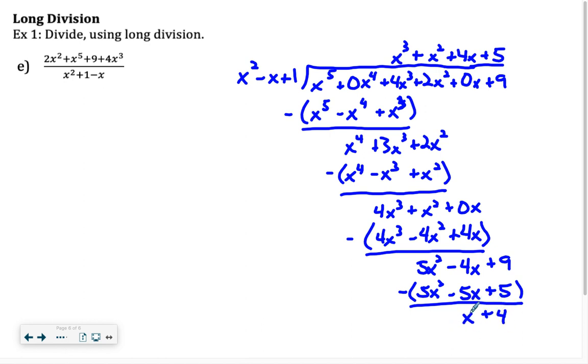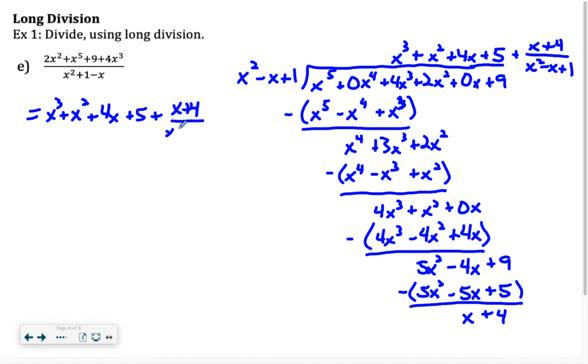So x plus 4 is my remainder because I have nothing left to bring down. So this will be plus x plus 4 over x squared minus x plus 1. And I can write this whole thing over here as my answer. I can say this would be x cubed plus x squared plus 4x plus 5 plus my remainder over my divisor.